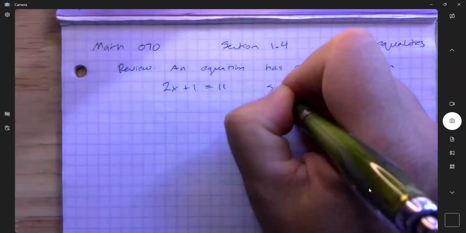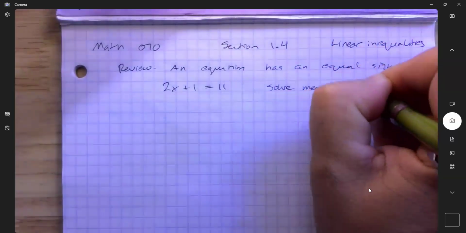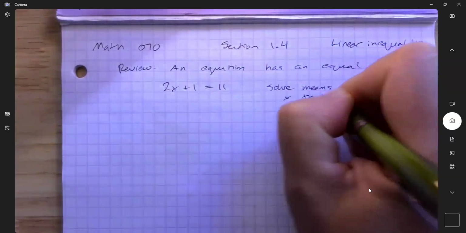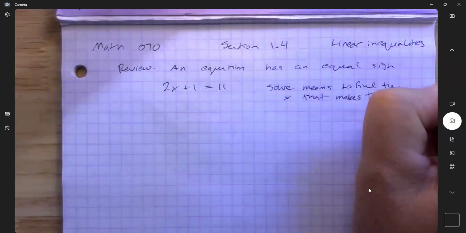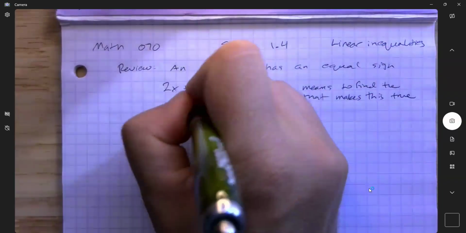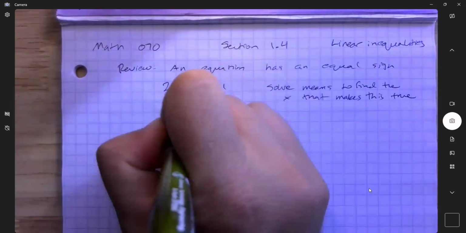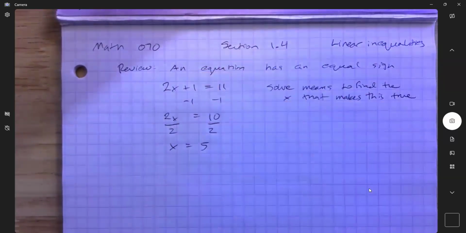And to solve means to find the x that makes this equation true, which we do by subtracting 1 from both sides, dividing both sides by 2, and we get x equals 5. This is the example I've been using for the past couple of videos.